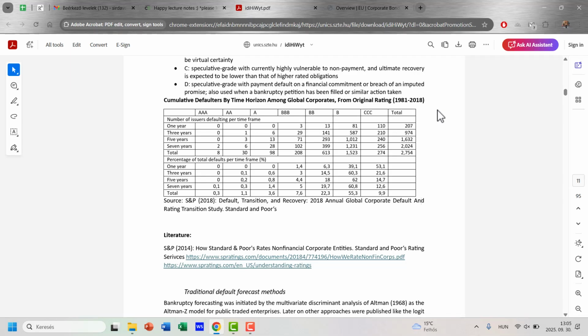In BB, single B, and triple C, if any shock happens, then these yields will jump into the sky. With investment grades, they are just sitting there, because if your bonds are purchased by pension funds and their horizon is like 20 years, then they don't care much about short-term shocks on the bond market.